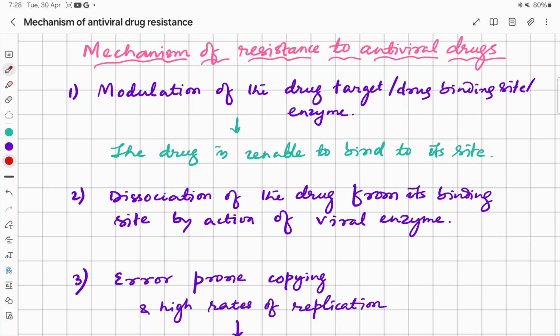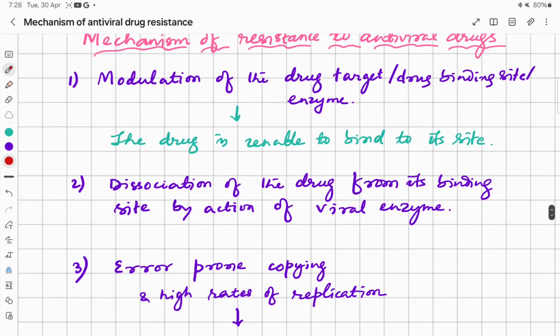So that is one cause of resistance. Sometimes the drug, after binding to its target, is dissociated from the target by the virus, mostly by a viral enzyme. So that also causes resistance: dissociation of the drug from its binding site.